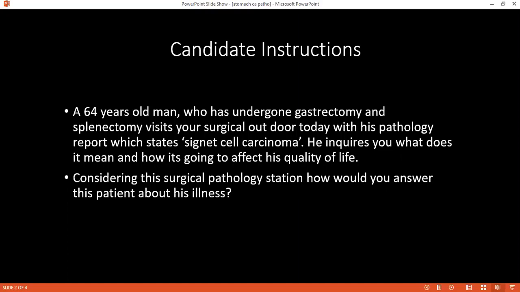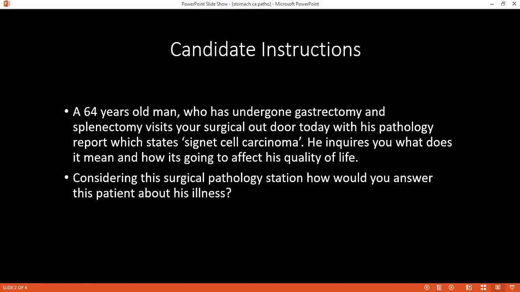Okay, can you please tell me what are the risk factors, if any, for gastric carcinoma? The main risk factor is Helicobacter pylori infection, then chronic atrophic gastritis, smoking, alcohol, nitrosamines, Menetrier's disease, blood group A, family history of HNPCC, and familial adenomatous polyposis coli.